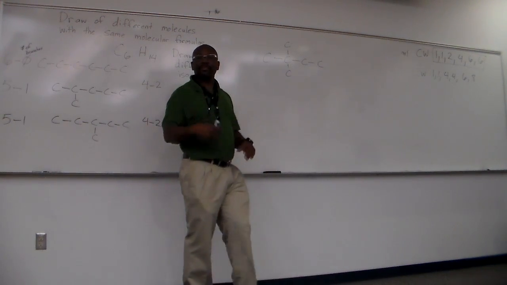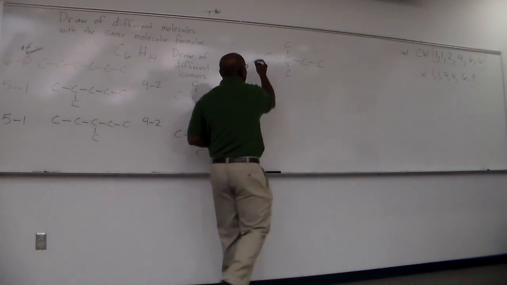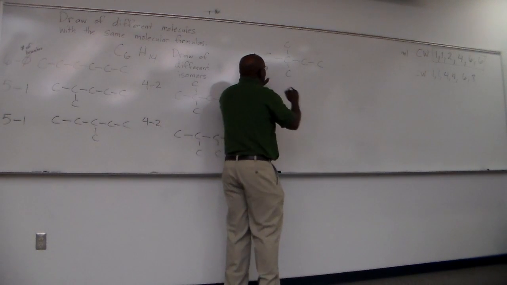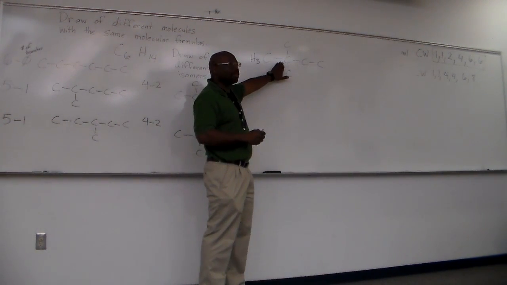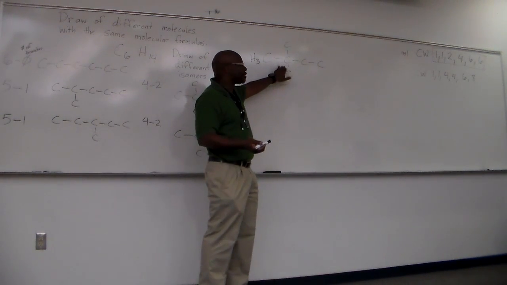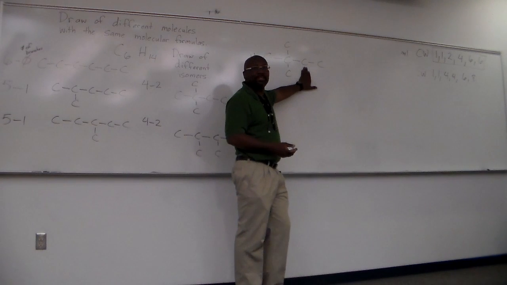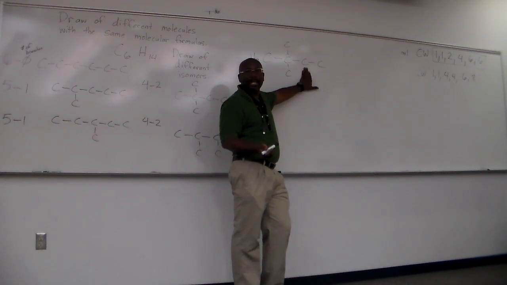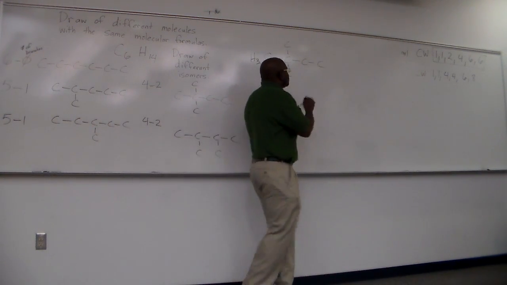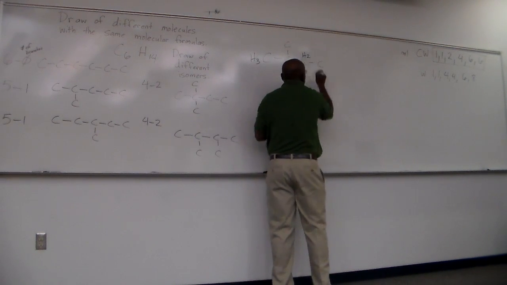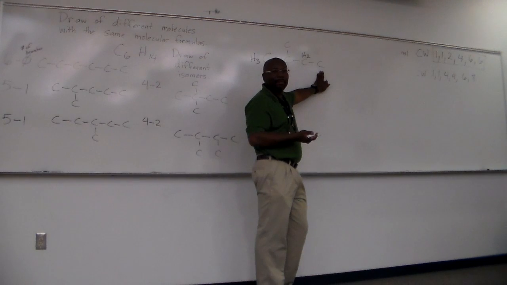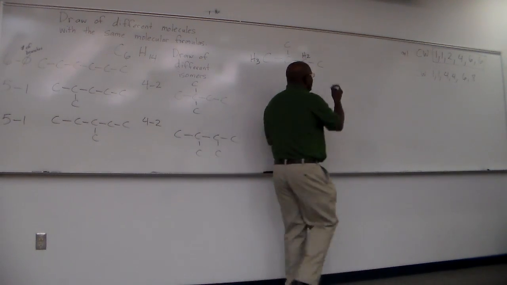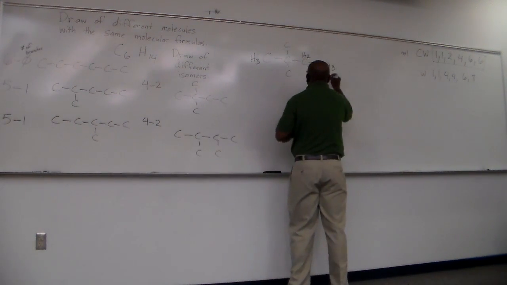So I need to add how many hydrogens? 3. Next carbon atom: how many bonds shown? 4. I'm adding no hydrogens. Next carbon atom: how many bonds shown? 2. So I need to add 2 hydrogens. My last carbon atom: 1 bond shown, so I need to add 3 hydrogens to get the total of 4.